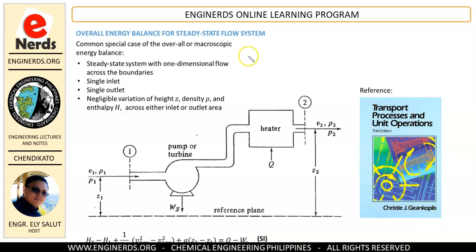Okay, so in overall energy balance for steady-state flow system, the common special case of the overall or macroscopic energy balance is that steady-state system with one-dimensional flow across the boundaries, single inlet, single outlet, and negligible variation of heights, density, and enthalpy across either inlet or outlet area.